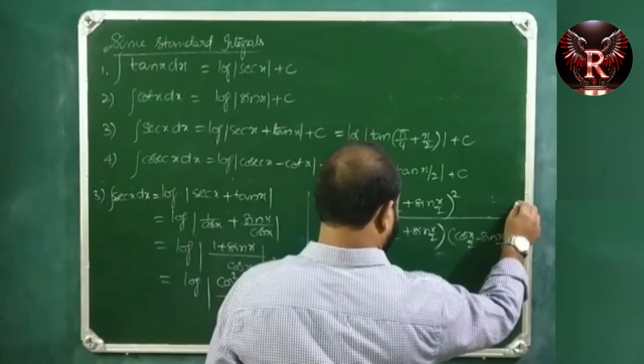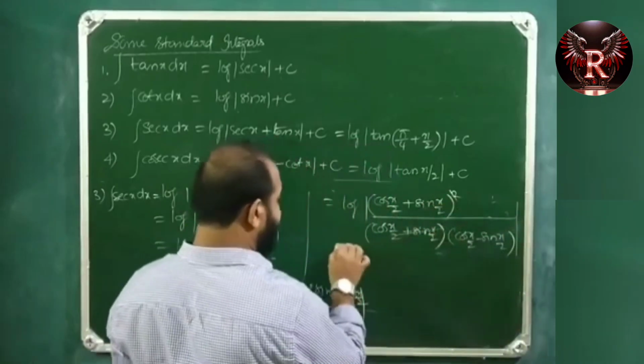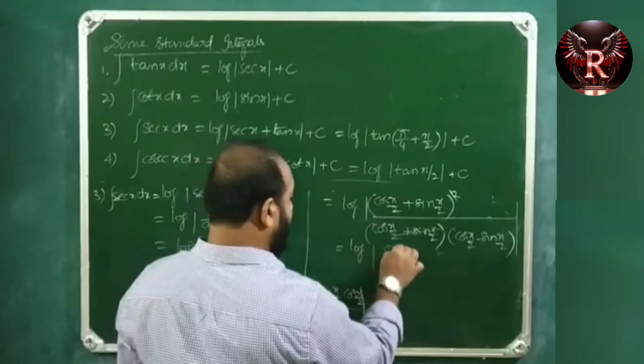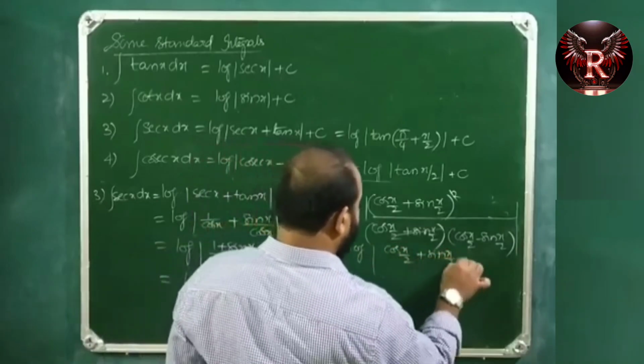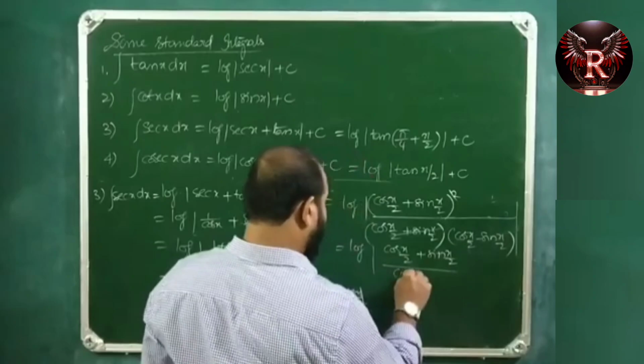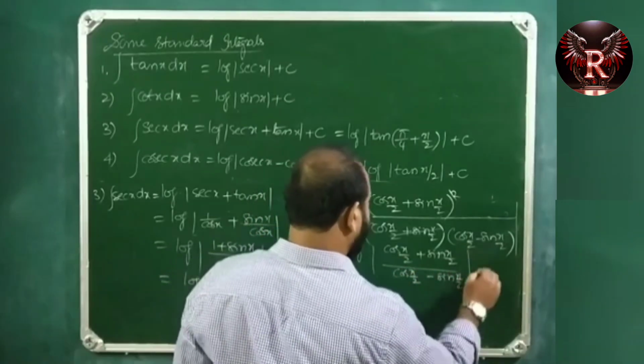So this and this get cancelled. Log of cos x by 2 plus sin x by 2 by cos x by 2 minus sin x by 2.